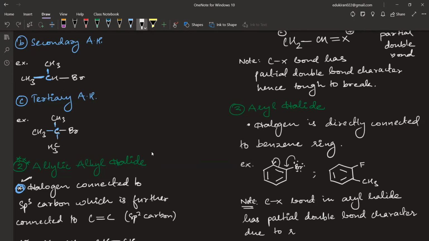Is it understandable? Yes, sir. Very good. Due to resonance. So write this down. Then we will move to nomenclature now.